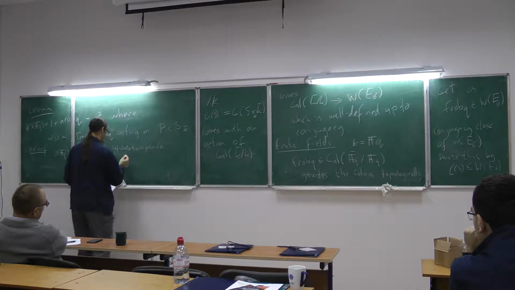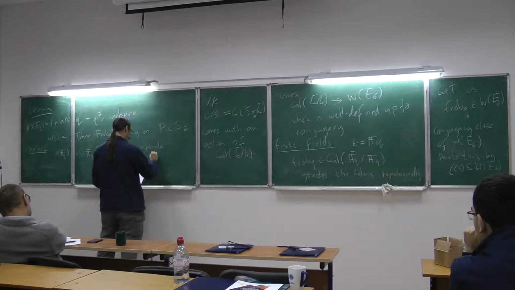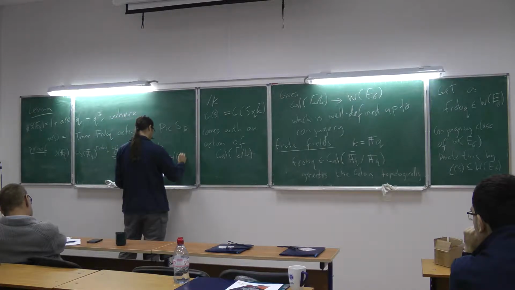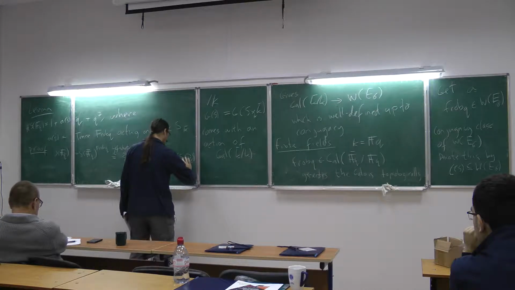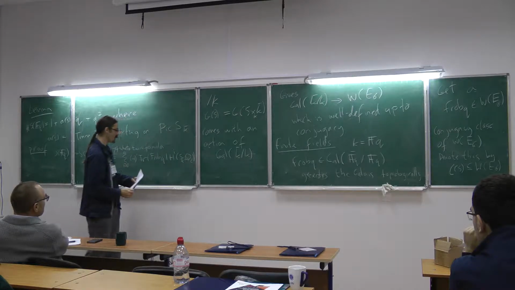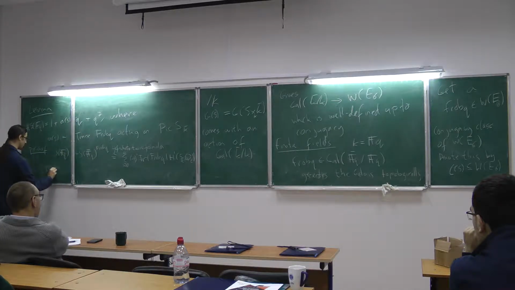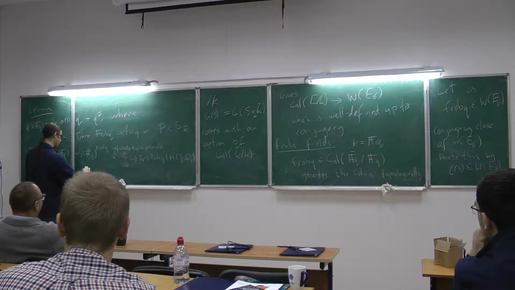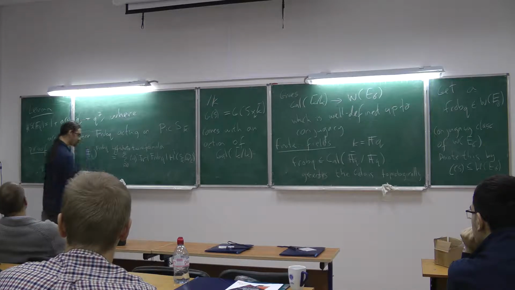So I get the sum from i equals 0 to 4, an alternating sum of the traces of the Frobenius element acting on the ith cohomology group of the surface over the algebraic closure, for some prime l which does not divide q.